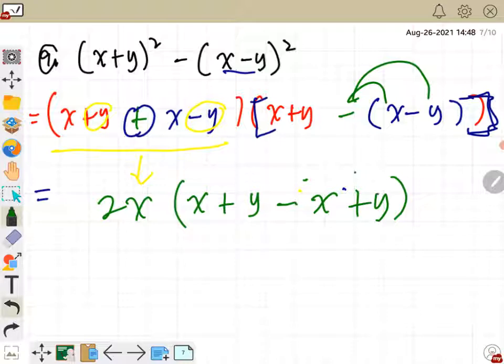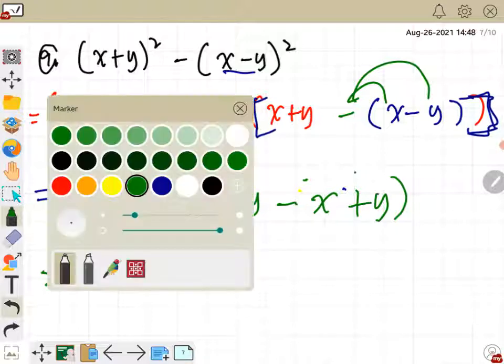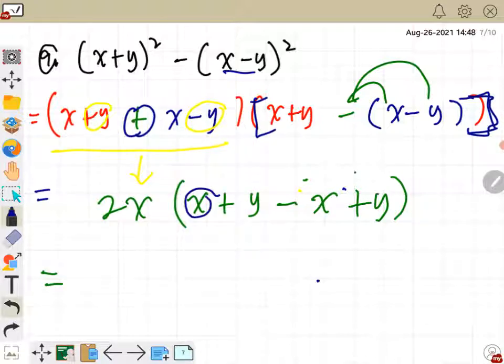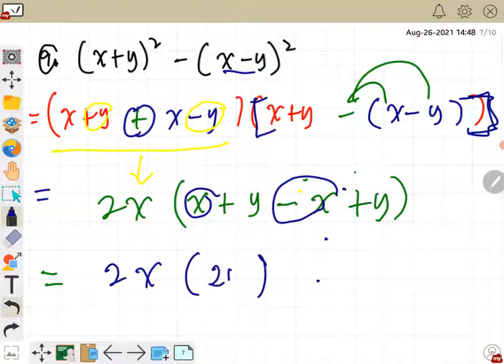Look at x and negative x, that will become 0. You are left with 2x, and this one is 2y. So the factors are 2x and 2y. We can simplify it: 2 times 2 is 4, then 4xy. So the factors are 4x and y.